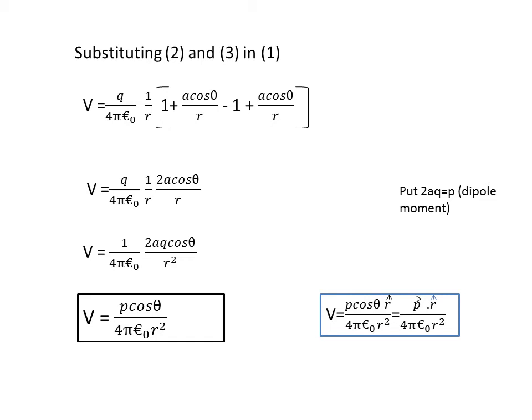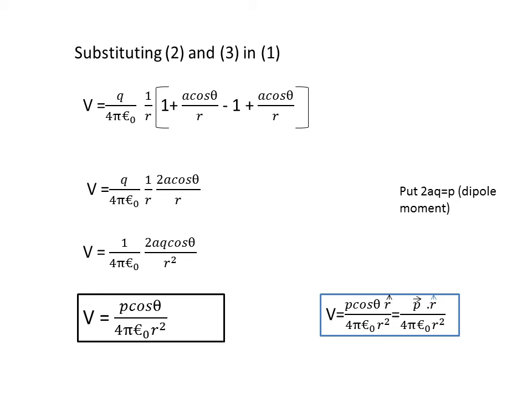So minus 1 and plus 1 cancel each other. So the equation becomes V is equal to q by 4 pi epsilon 0 into 1 by r into 2a cos theta by r. For 2aq we can write p. So the equation becomes V is equal to p cos theta by 4 pi epsilon 0 into r square.